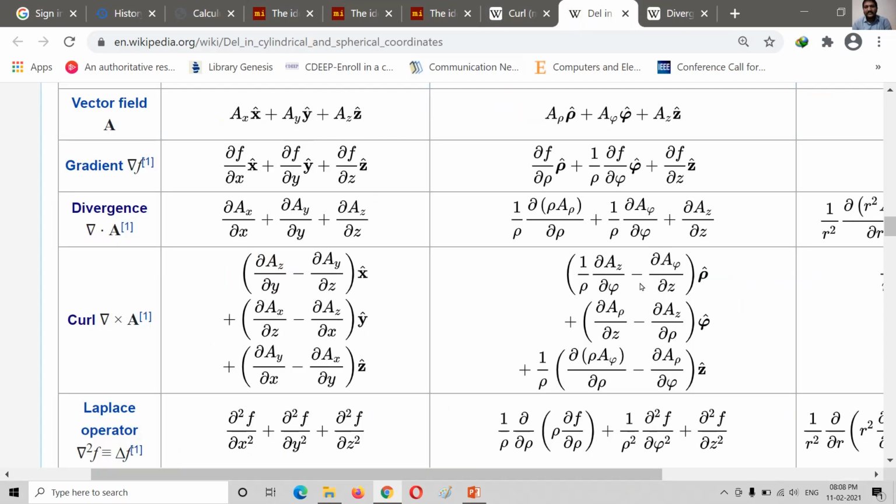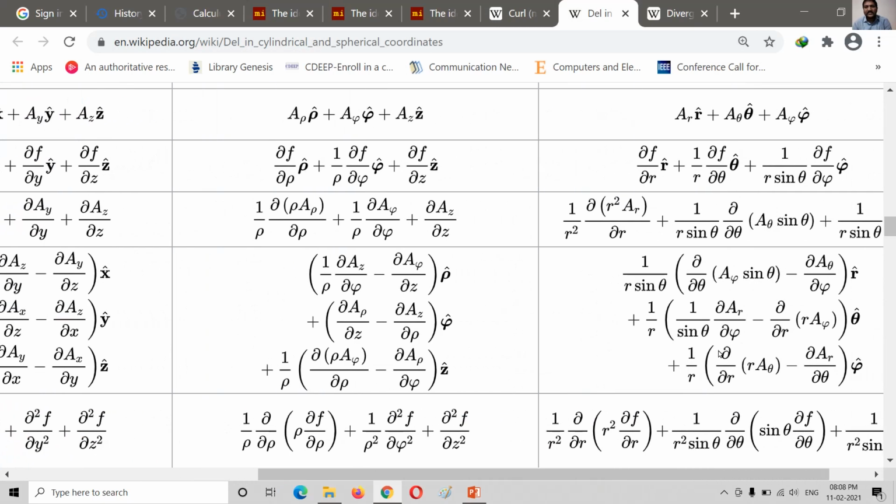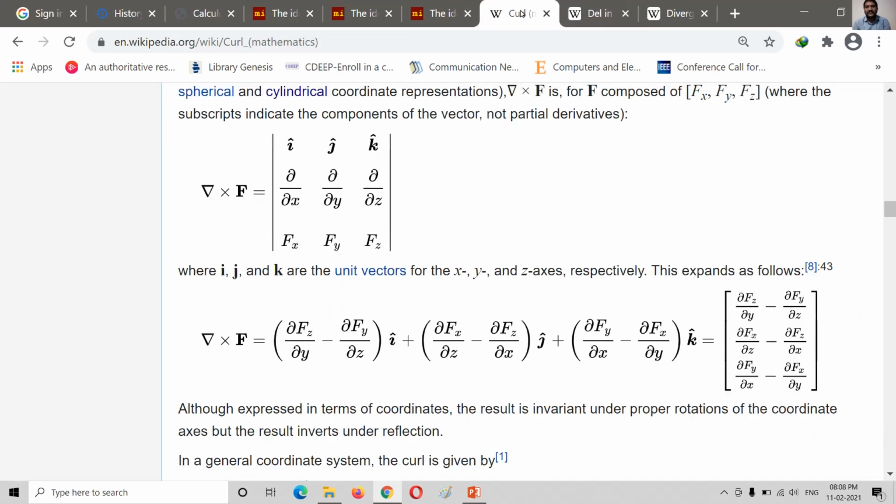Therefore it comes out to be this. Similarly we have the same case for the spherical coordinate system also. For that I prefer that you please do it at your place. So that is the details about curl.